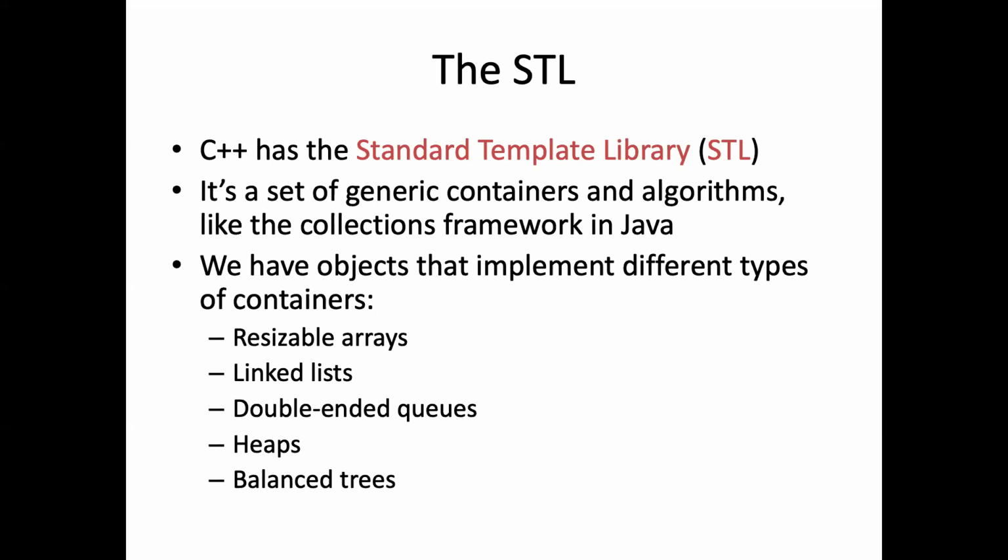The STL, the standard template library, contains pre-built data structures that implement essentially resizable arrays, kind of like Java's ArrayList, linked lists, double-ended lists and queues, heaps, balanced binary trees, a whole bunch of stuff. So if you're programming in C++, you still can implement your own data structures, but often you don't have to if you're willing to use one of these pre-built ones.